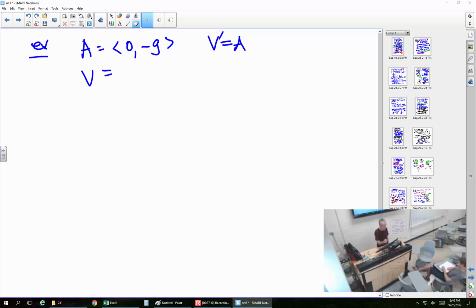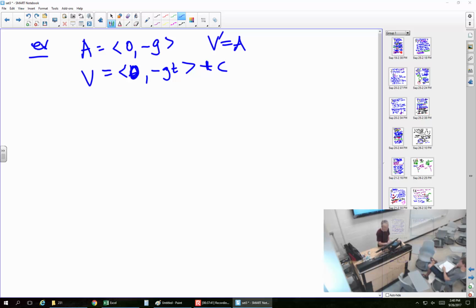And I'm doing anti-differentiation component-wise, so it will be (0, negative gt) plus c. So that c is a vector. You don't have to split it between different components anymore. And if instead of 2 dimensions I have 3 dimensions, the only difference will be that it is a 3-dimensional vector.